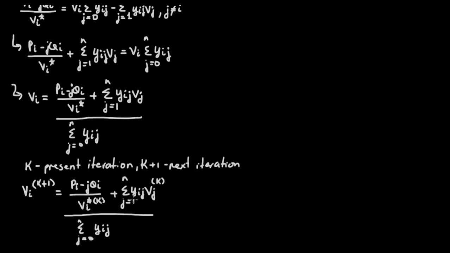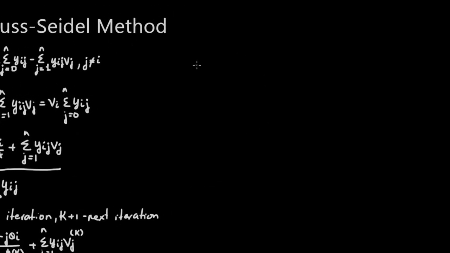And now notice here again that I use the lowercase admittances. And if you recall from the bus admittance matrix lectures, we know that the terms in the bus admittance matrix are, uppercase Yij is equal to minus lowercase yij, and Yii is equal to the summation of lowercase yij.